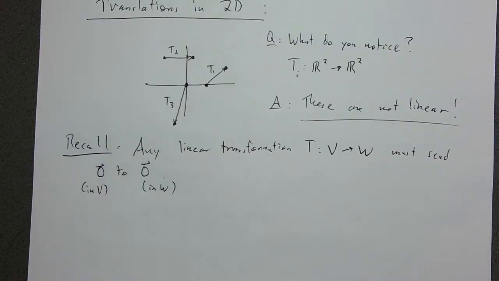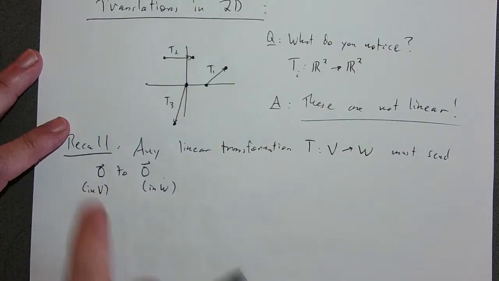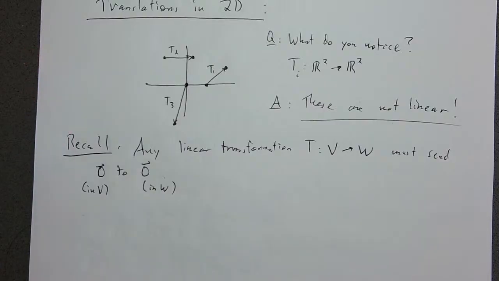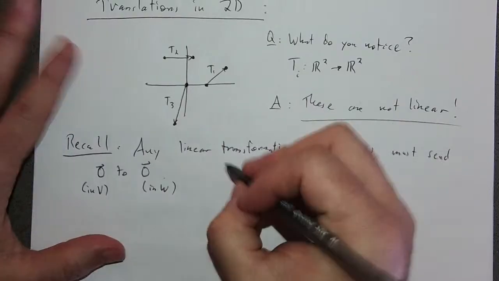Because if you suspected that a given transformation T was not linear, this was a quick thing you could check. It wasn't the only thing, right? You couldn't say, oh yes, it sends 0 to 0, it's definitely linear. There's plenty of nonlinear maps that send 0 to 0. But the converse, right? If it doesn't send 0 to 0, it can't be linear. Let's prove that real quick.